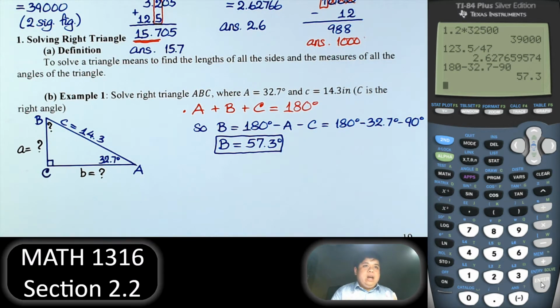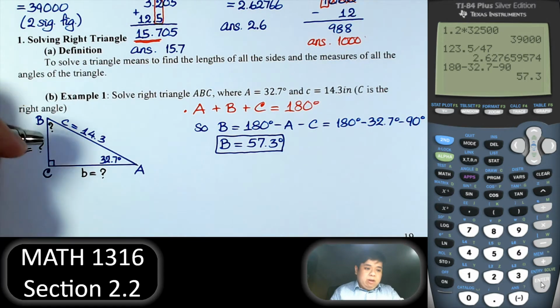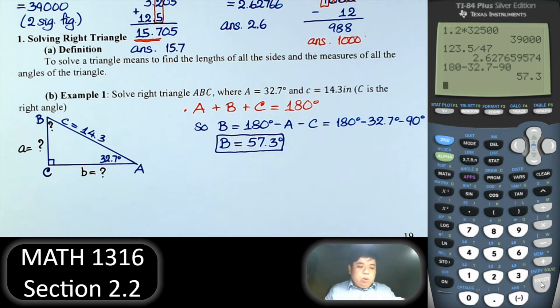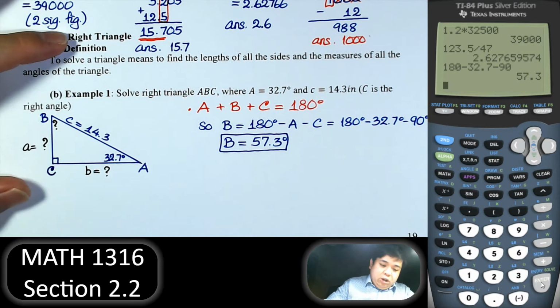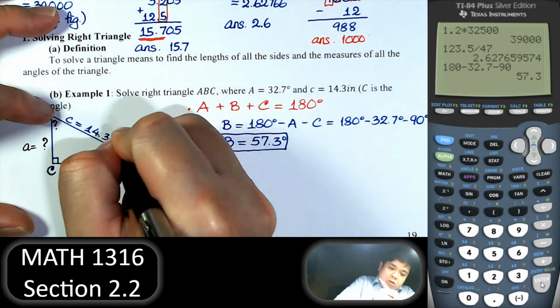Unless we have to, then we have to use the number that we calculated. Right, so that's the spirit of things. Now, again, we are given those. Now, let's say we found angle B, which is good. Now, let's find a. With respect to angle A, this C is the hypotenuse.